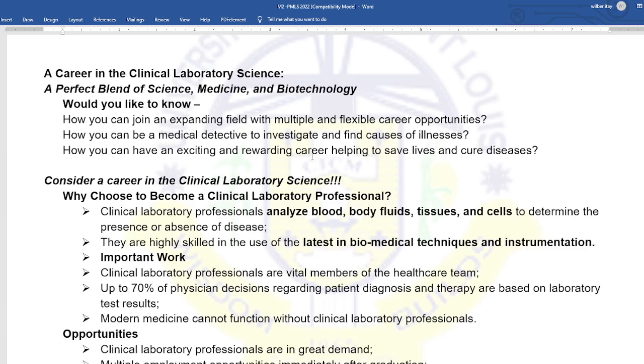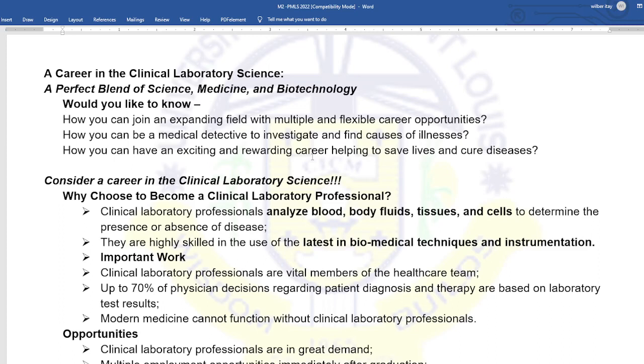Why? Because we have different lines of work. Nurses focus on bedside care, so they take good care of the patients. Unlike us, medical laboratory technologists, medical technologists, or clinical laboratory scientists, what we provide is laboratory test results that will help the physician in the diagnosis of diseases.